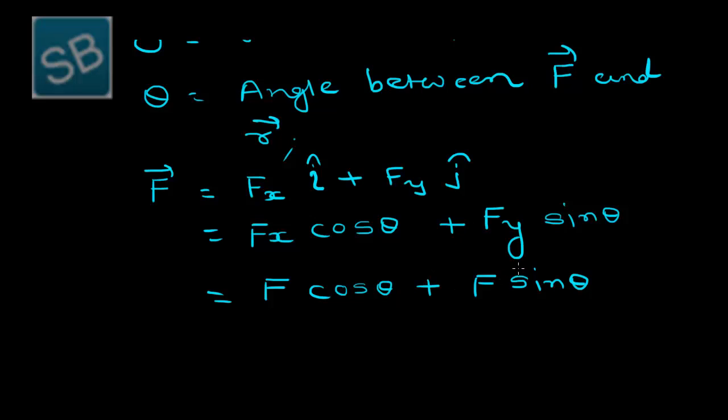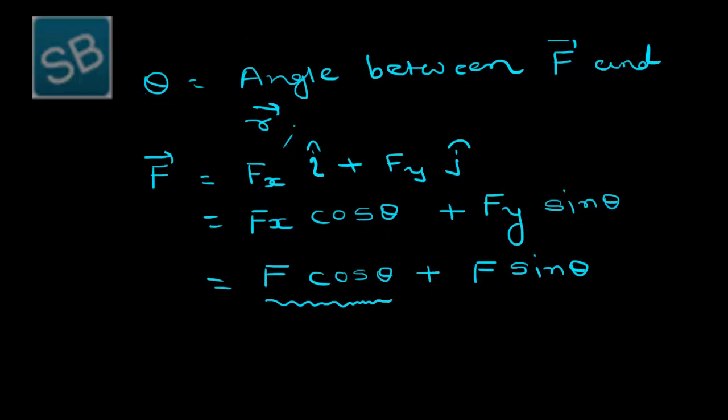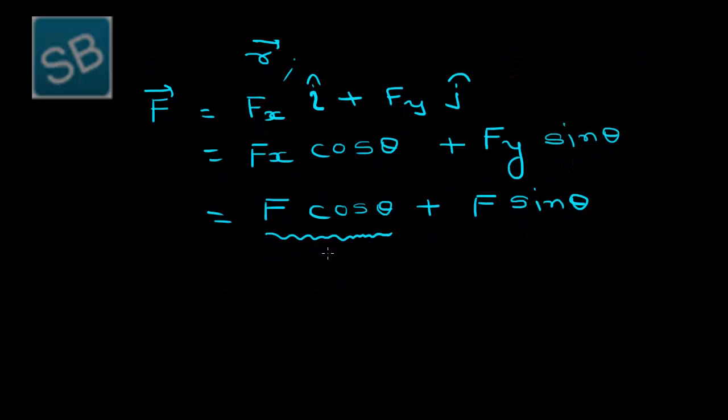Now we will see the component of force F parallel to the rotating axis, that means F cos theta. Here in this particular case, suppose I am considering this as Fx, the product of R and Fx does not produce torque.